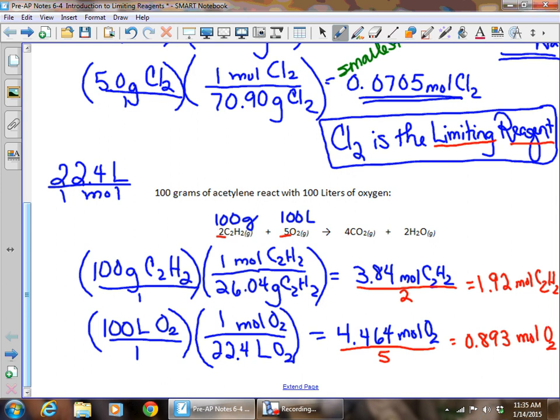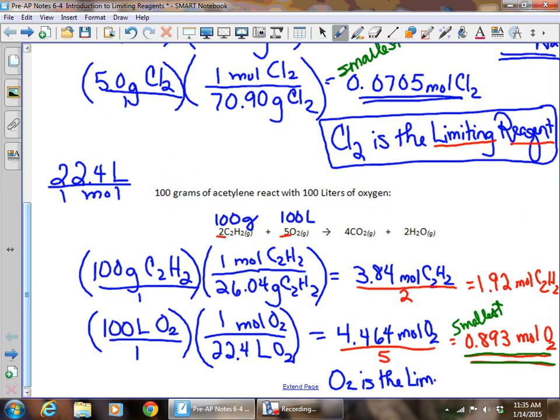So now that we've divided these by their coefficients, you can see that oxygen is the smallest of those values. You don't have to underline it, so I'm going to go back and put that in green. And the answer, remember, to the problem is that O2, oxygen, is the limiting reagent.